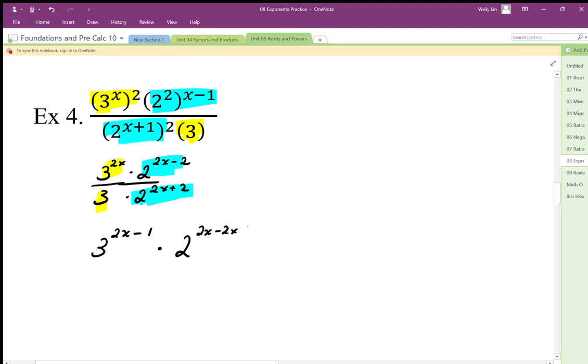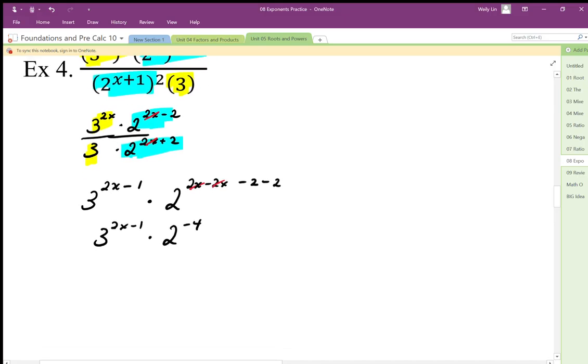I have a minus 2, so that's divide by 2 twice, and this is divide by 2 twice because it's in the denominator, so I'm going to minus 2 again. These cancel out, and then we're just left with negative 4. So I end up with 3 to the power 2x minus 1 times 2 to the power negative 4.